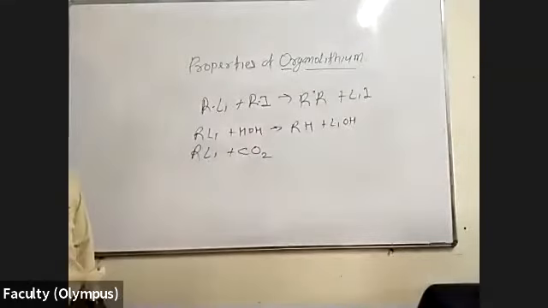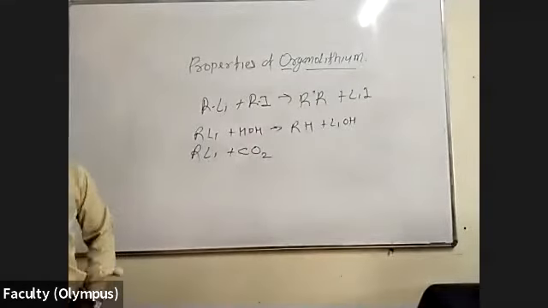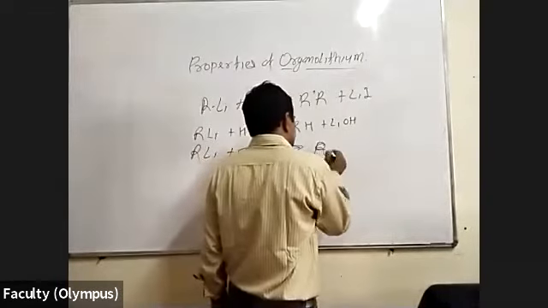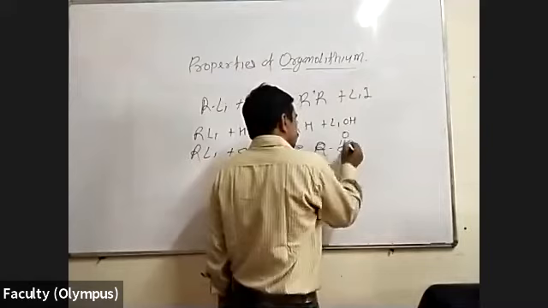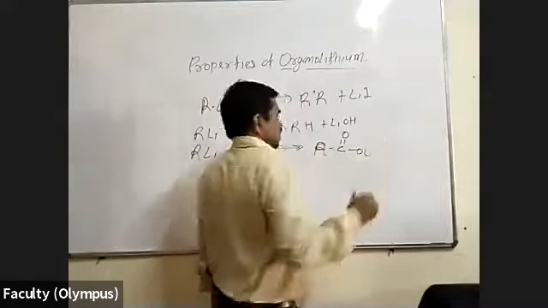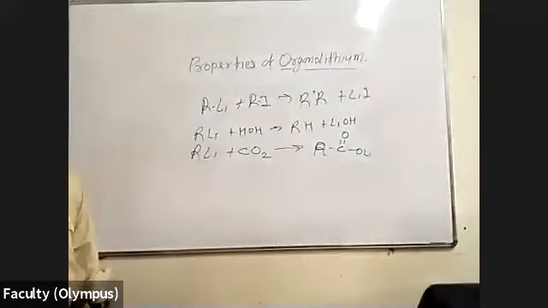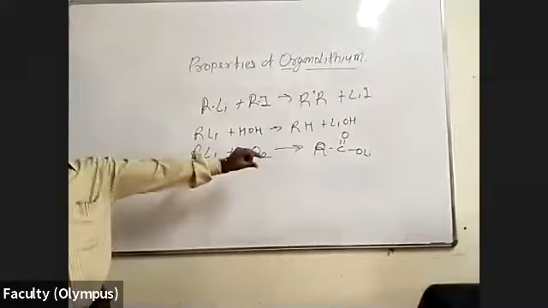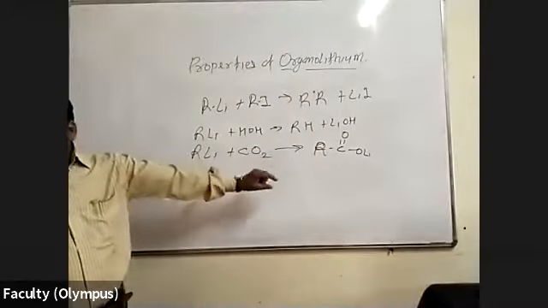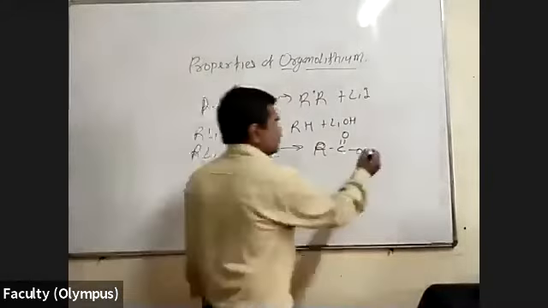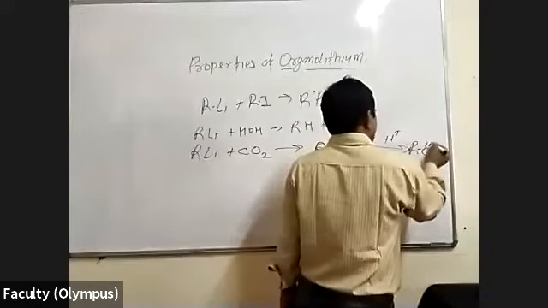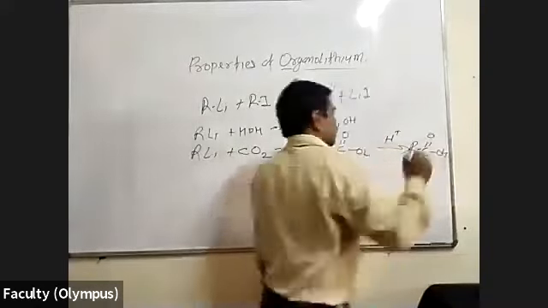When this reacts with carbon dioxide we get acid after hydrolysis. R is attacked on one of the C double bond O. Then after hydrolysis, when it is hydrolyzed with acid, we get C double bond OH, the acid.